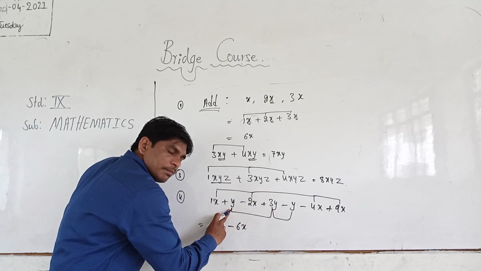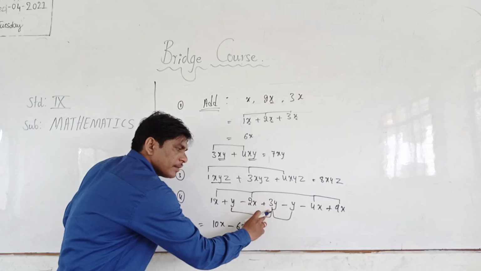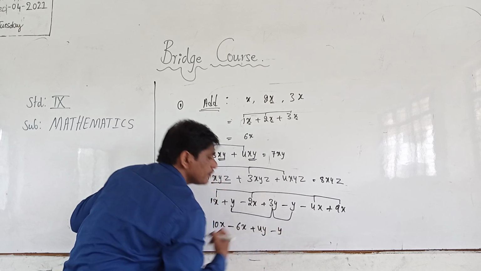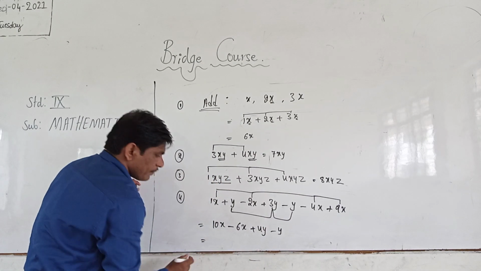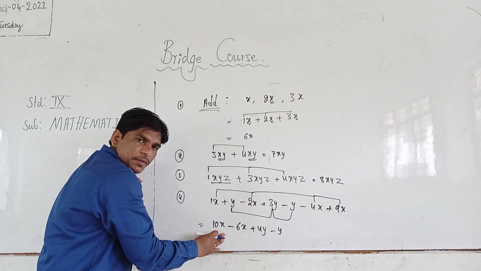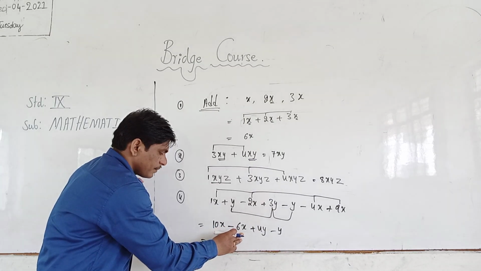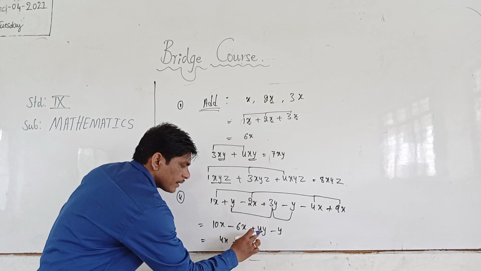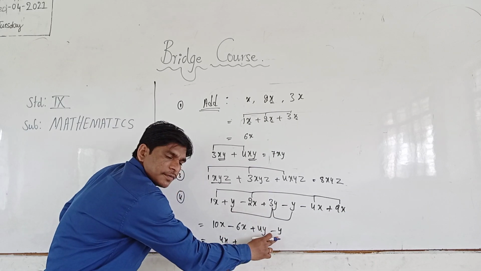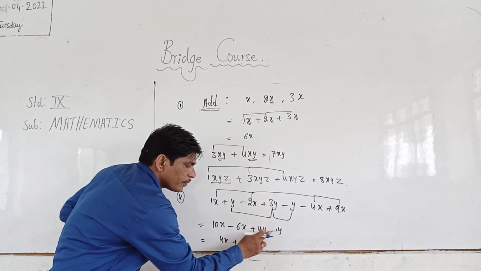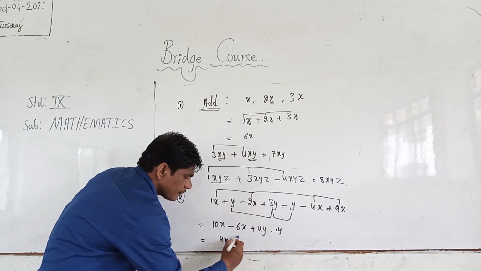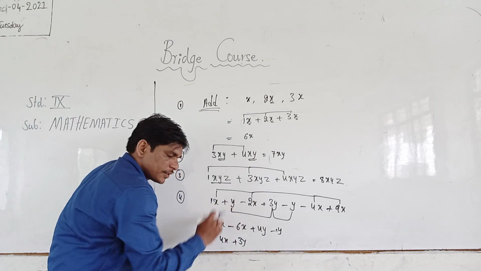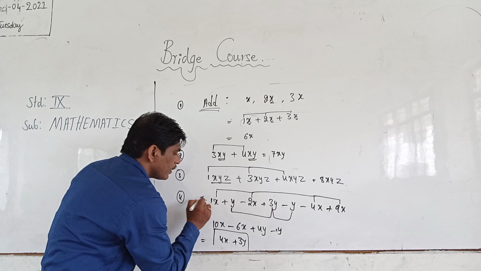Here, y plus 3y is equal to 4y, minus y. Now, see, both have the same variable: 10x minus 6x is 4x, plus here 4y minus 1. Y coefficient is 1. 4 minus 1 is equal to 3. That's why 3y. You have to write it positive because the greater sign is positive. That's why this is the answer of the given problem.